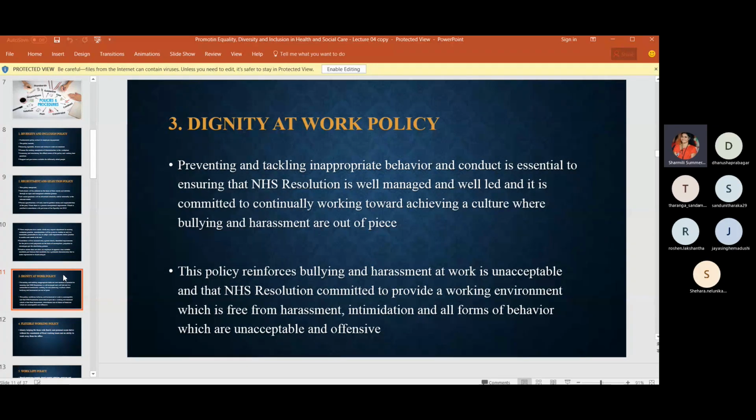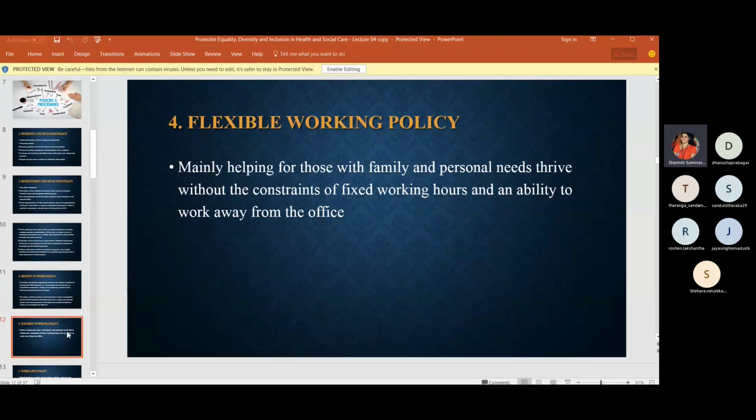So these are the things that need to be focused on when an employer provides a working environment. Simply we can say, according to this policy, we need to show respect to each and every individual.